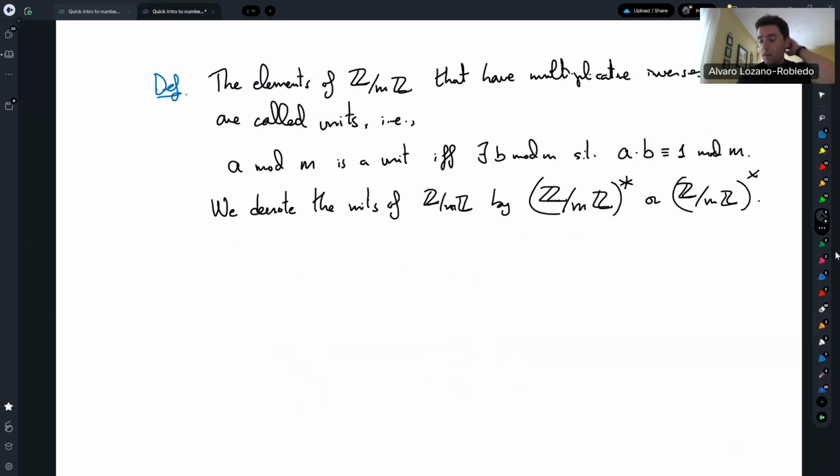Okay. One note is that in the integers, Z has exactly 2 units.